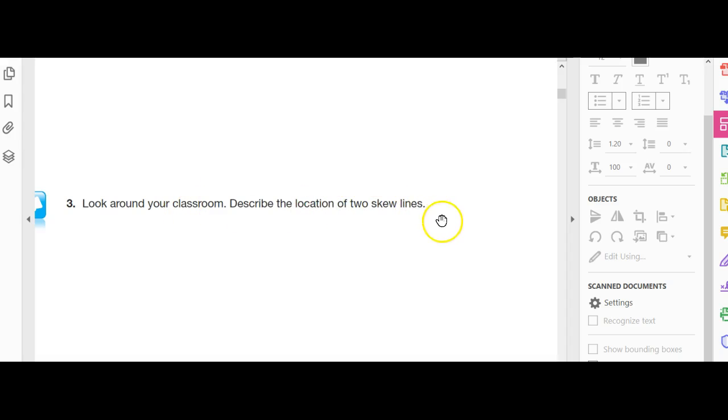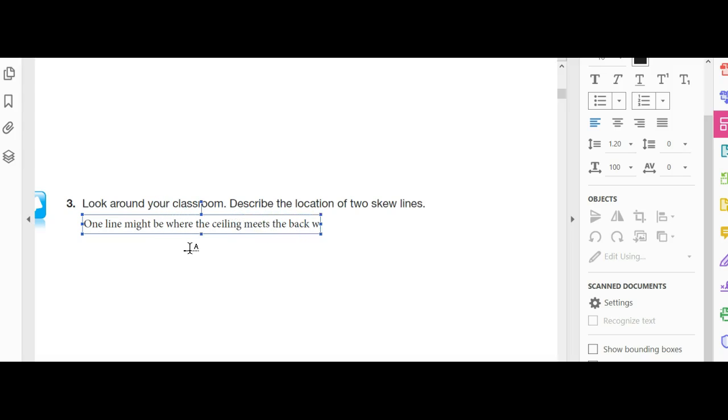Describe the location of 2 skew lines. Okay, so I need to explain where I see 2 skew lines. So one line might be where the ceiling meets the back wall where the exit door is.